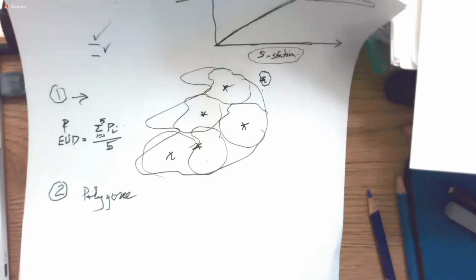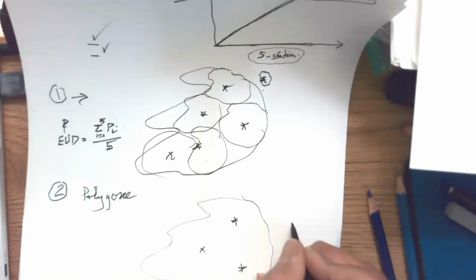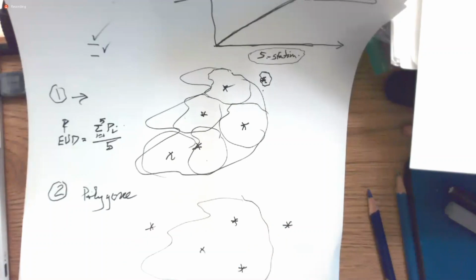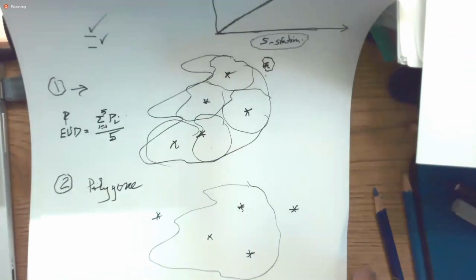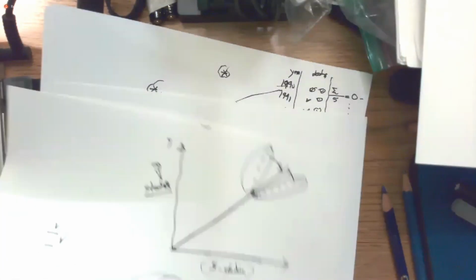Then the idea is you have this watershed, and you can take rain gauge stations inside and rain gauge stations outside, wherever they are available. So once you have all these stations, it is the same thing.